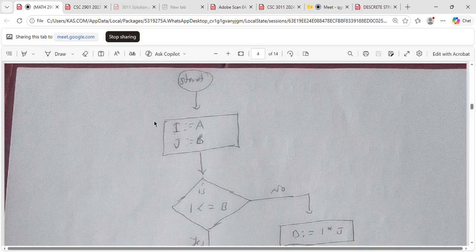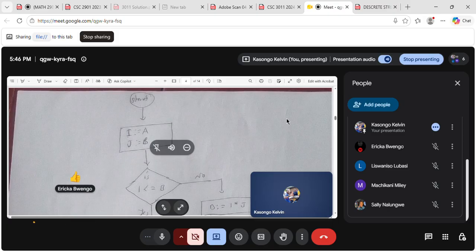So don't panic by saying it has to be slanted. That is at grade 12. In here, we don't really care. Hope I've answered your question. Okay, good.